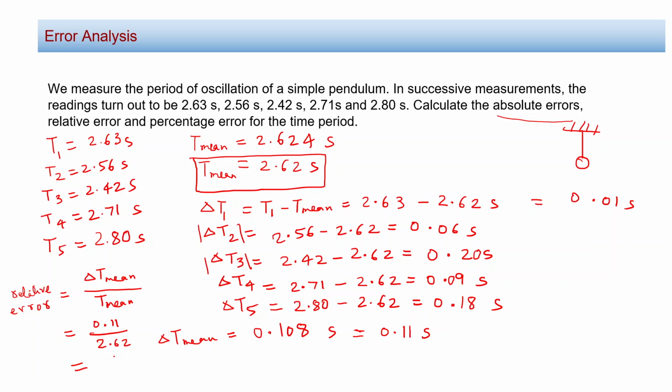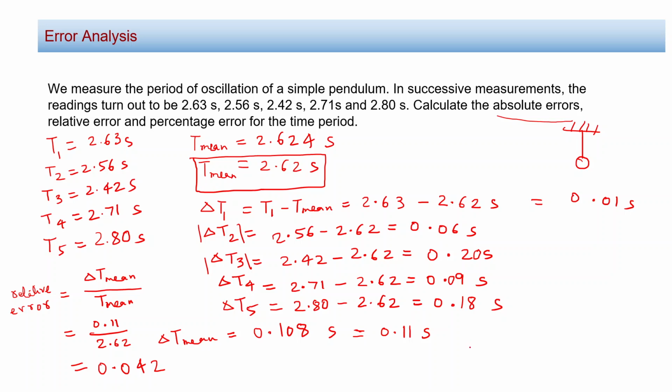When we do this, the answer I am getting is 0.04 and there are many digits, but keeping significant figures, here is 3, here is 3, so I'll keep up to 3. So 0.042 is the relative error in this case.